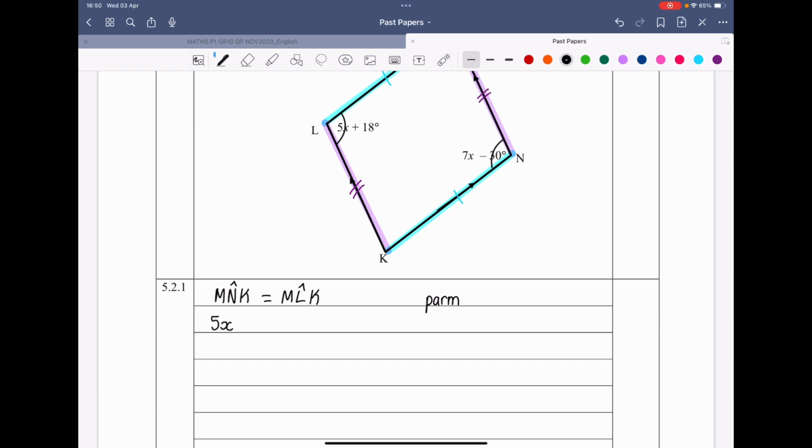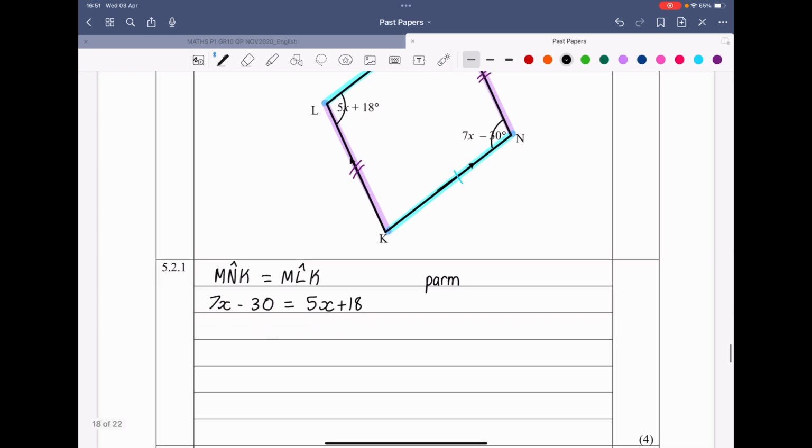And then I can substitute the angles that I was given. So for the MNK one, it's 7x minus 30 is equal to the MLK one, which is 5x plus 18.